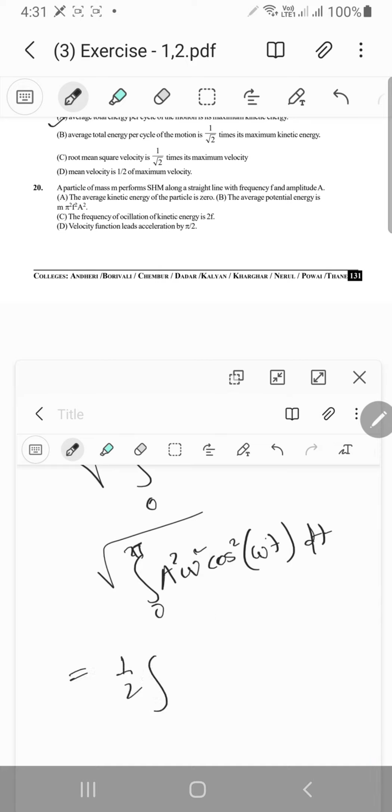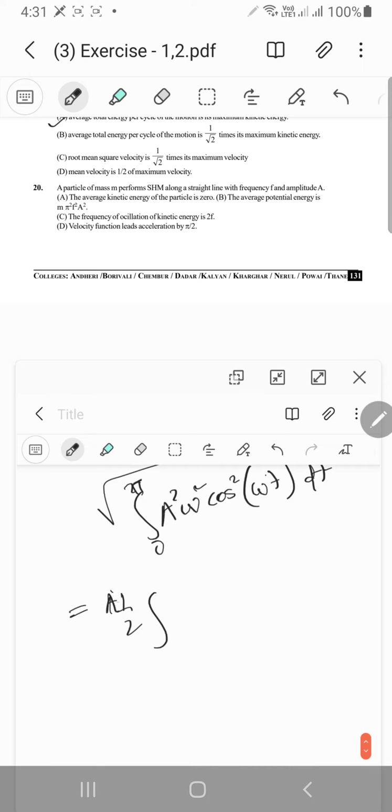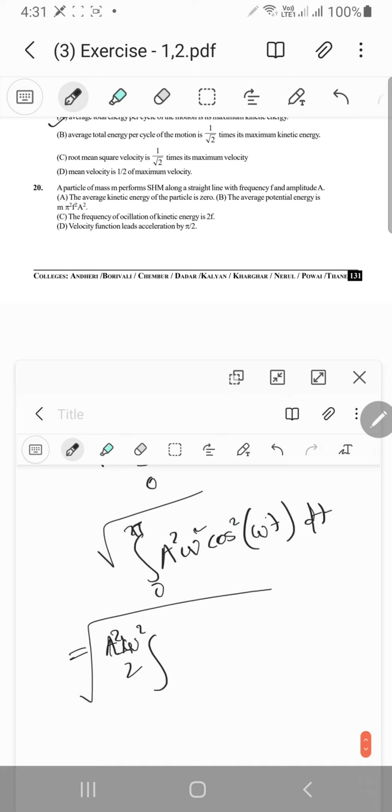So this should just be half a squared omega squared times the integration, and the square root of that as well. So the square root of a squared omega squared upon 2, times the integral of 2 cosine squared omega t, which we can write as 1 plus cosine of 2 omega t, dt from 0 to 2 pi.